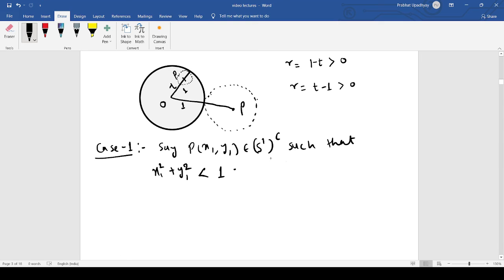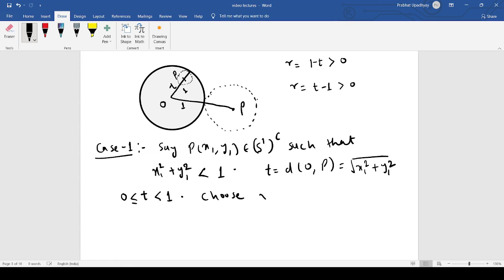And we have taken our T as the distance between 0 and P. Since we are dealing with Euclidean distance, this is equal to square root of x1 square plus y1 square. So I have T is greater than or equal to 0 and strictly less than 1. And here I have chosen my R to be 1 minus T. In this case, it is strictly greater than 0 because T is strictly less than 1.